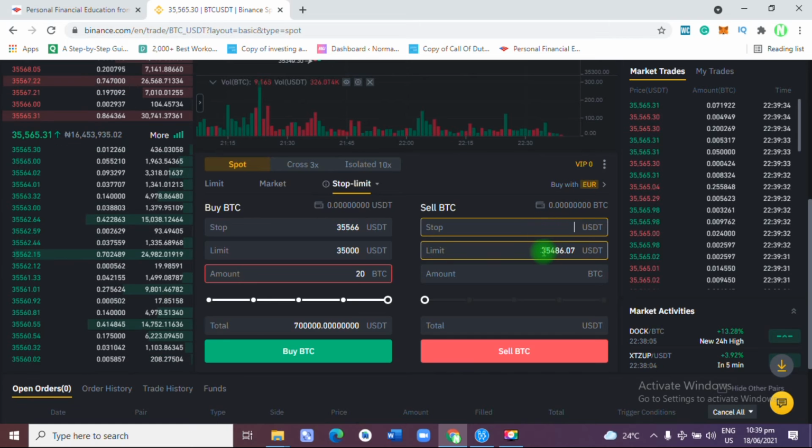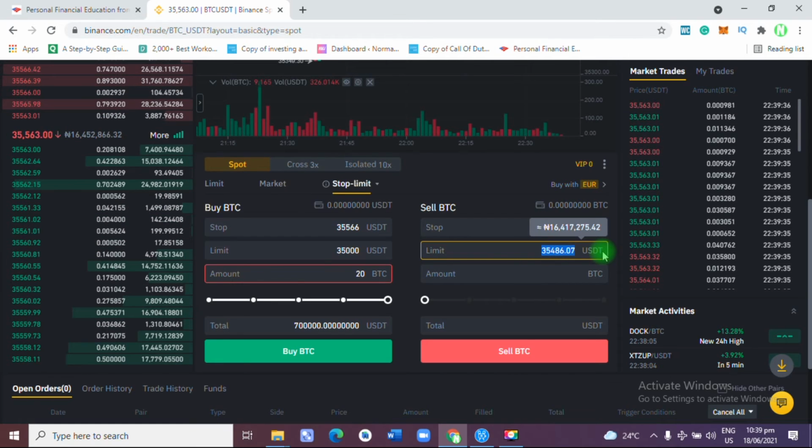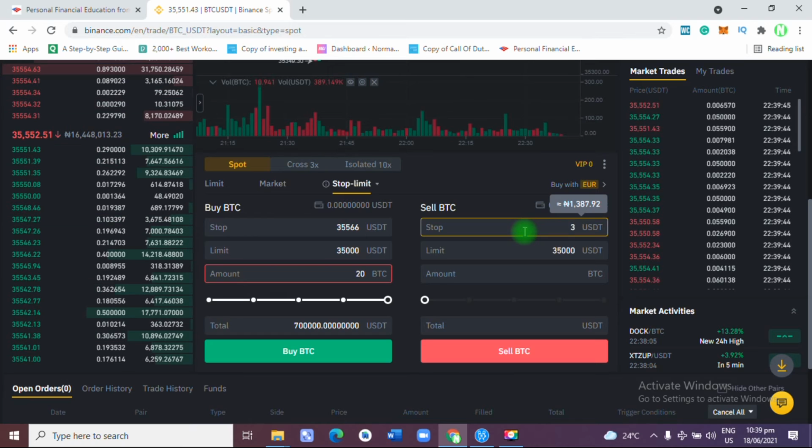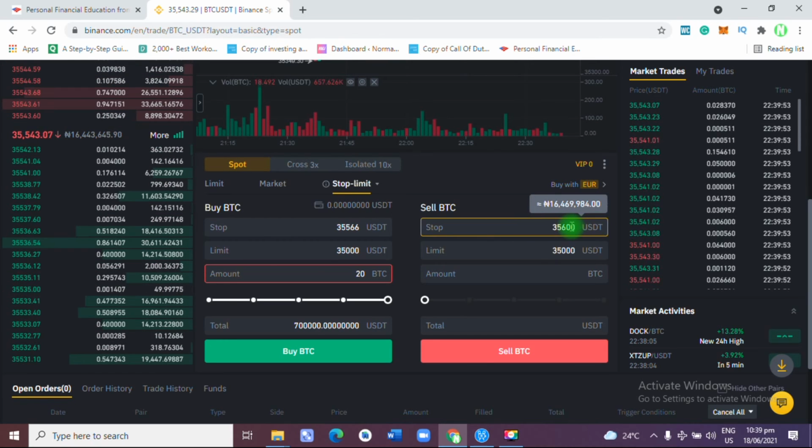So if I wanted to sell my Bitcoin at 35,000, and right now the price is about 35,600. Let's say the price is about here.